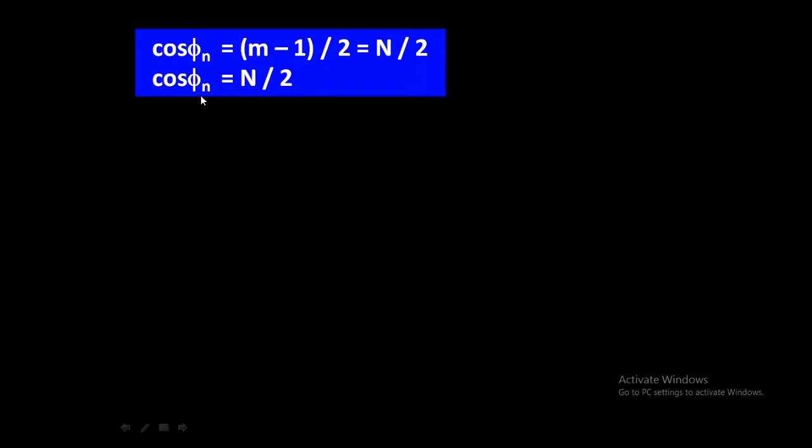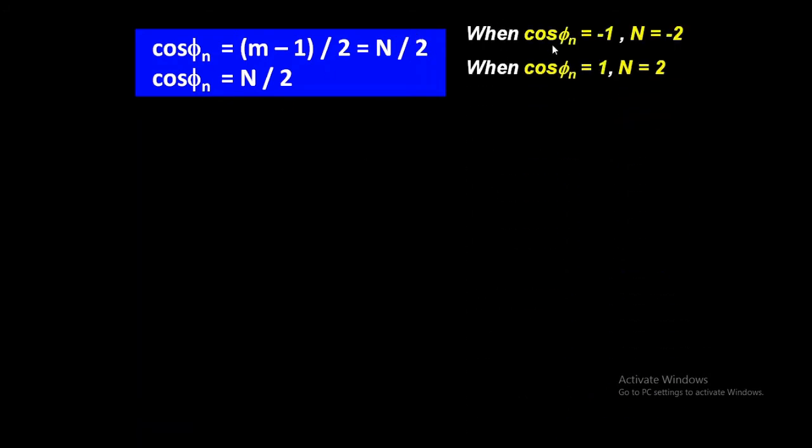So cos phi n is equal to N divided by 2. You know that the minimum value of cos phi n is minus 1, and the maximum value of cos phi n is 1. If we put minus 1 in place of cos phi n, then the corresponding value of N will be minus 2.